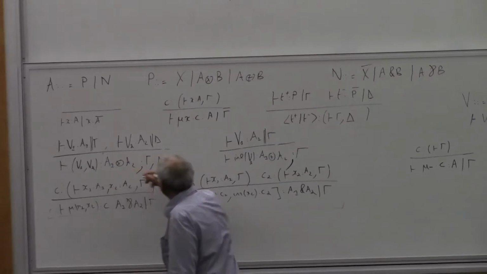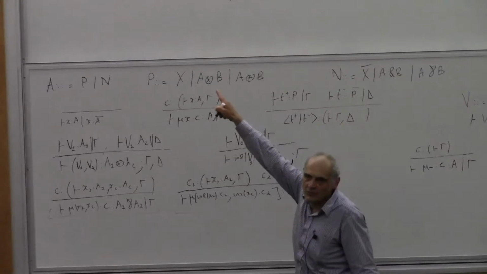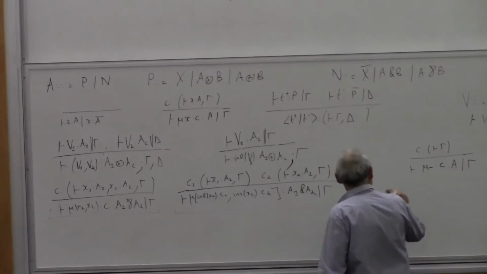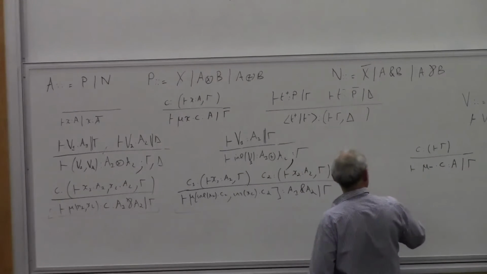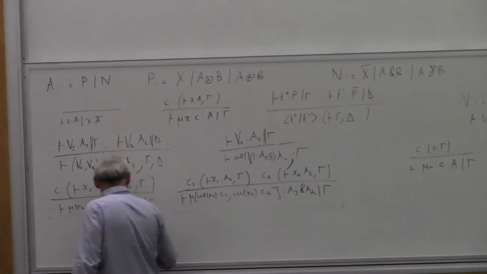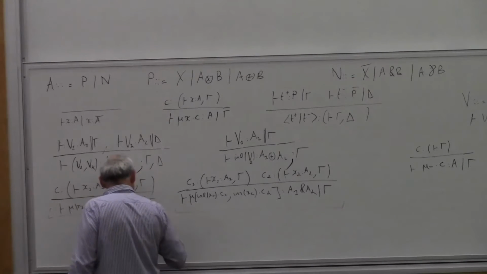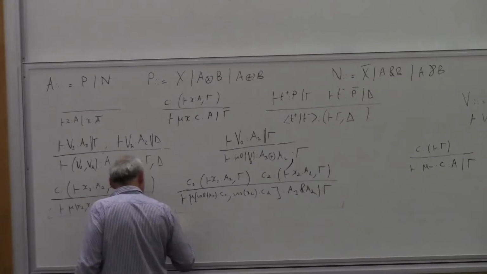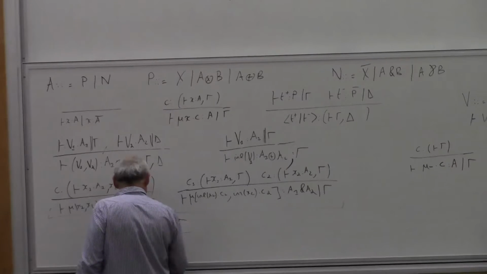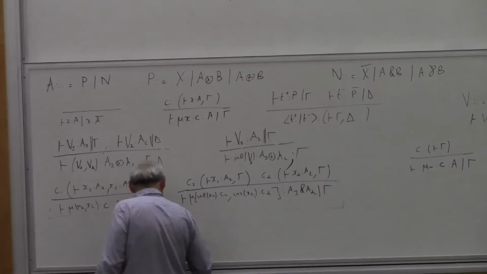And there's one rule missing, which tells me that any value is a term. So there's one additional rule, which I'm going to put here, that if I have that V is of type P gamma, then I also have that V of type P is a term of type gamma.